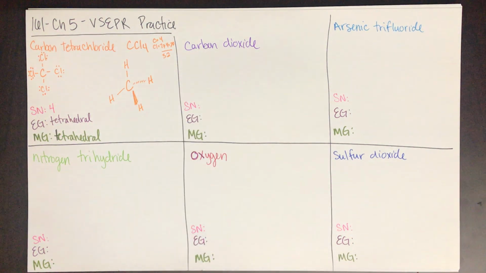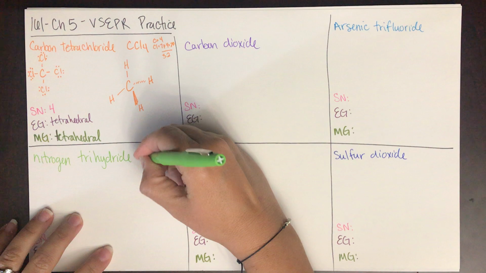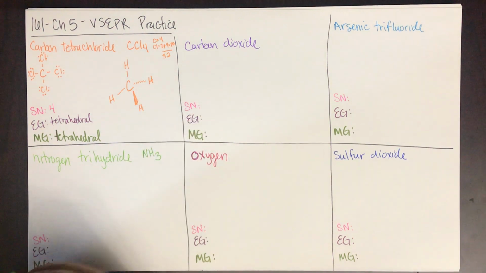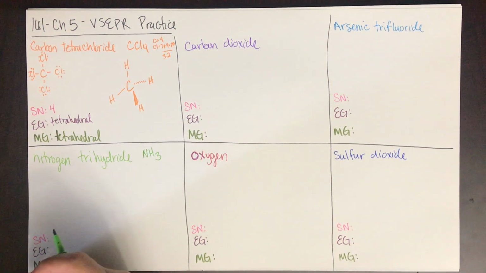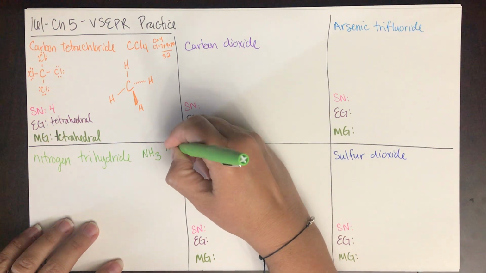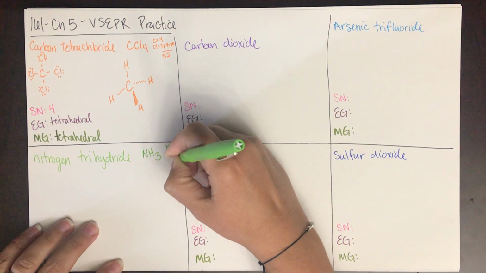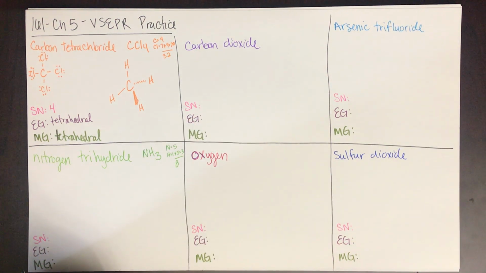So that's carbon tetrachloride. So let's move on to nitrogen trihydride. So nitrogen trihydride is ammonia, NH3. We also did this one in chapter 4. Nitrogen has 5 valence electrons, hydrogen has 1 times 3, 8 total valence electrons.